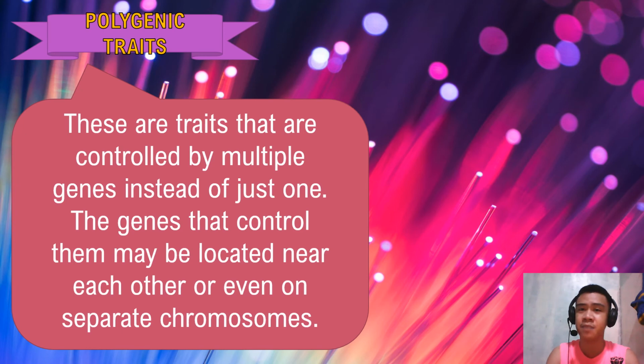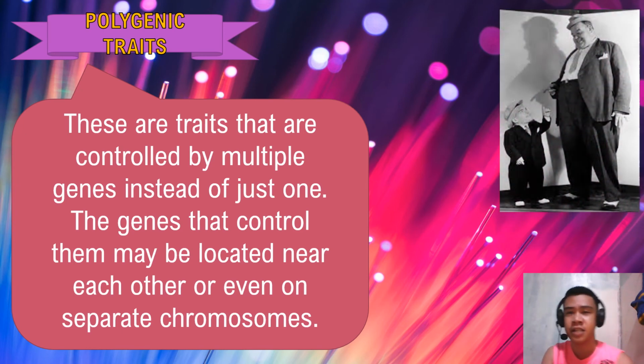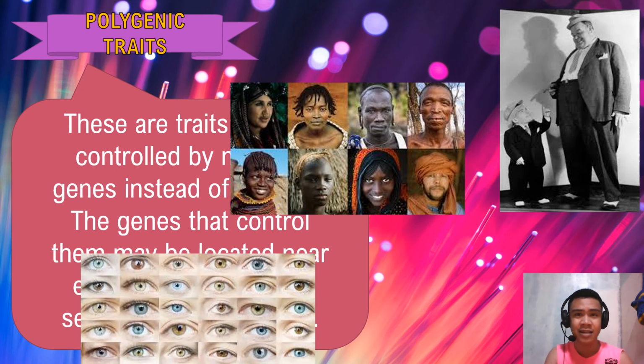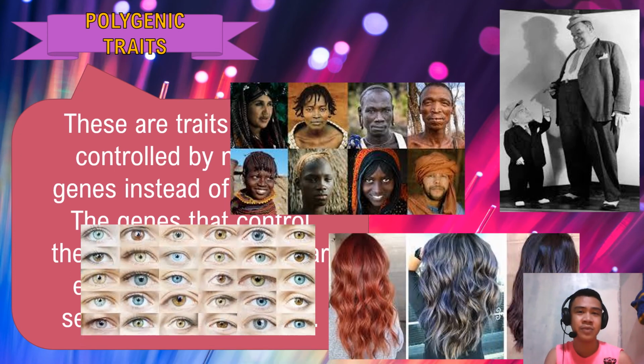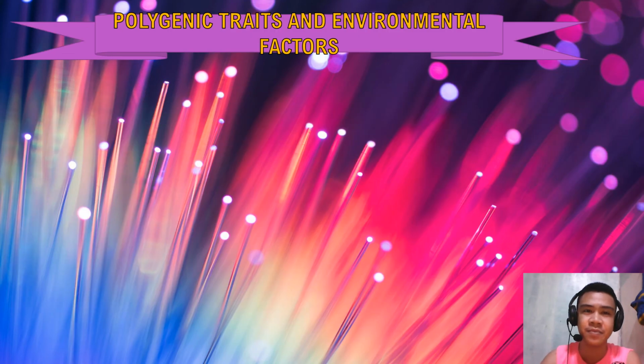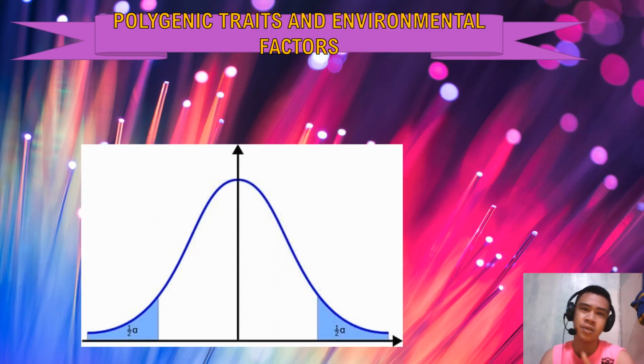Some examples of polygenic traits are height, skin color, eye color, and hair color. Height: human height is controlled by many genes.